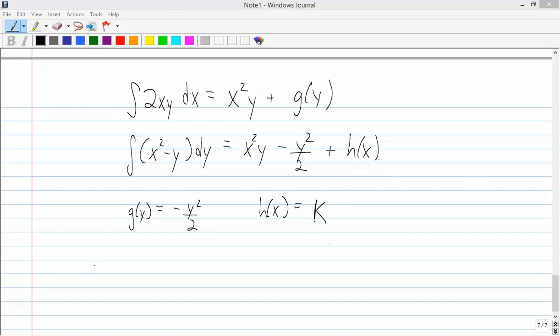So your potential function f of xy is equal to x squared y minus y squared over 2 plus k. If you do that using the methods that we learned from differential equations, the only thing different is you'll have plus c at the end. Okay.